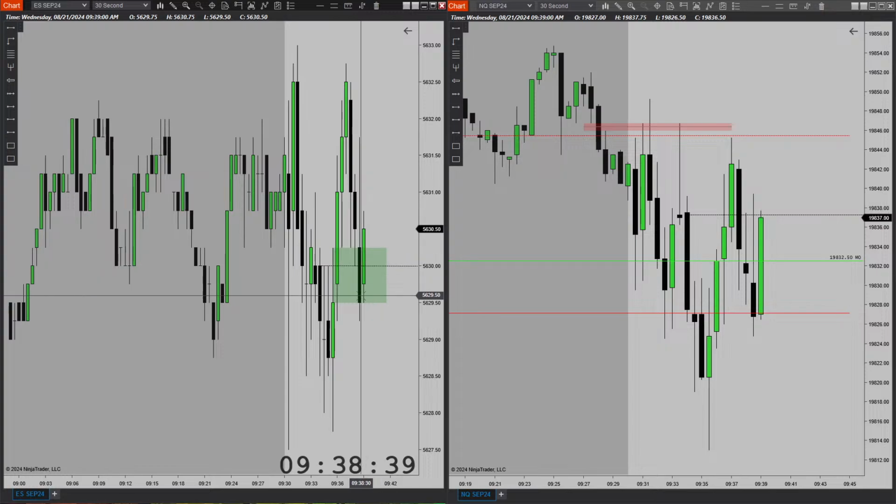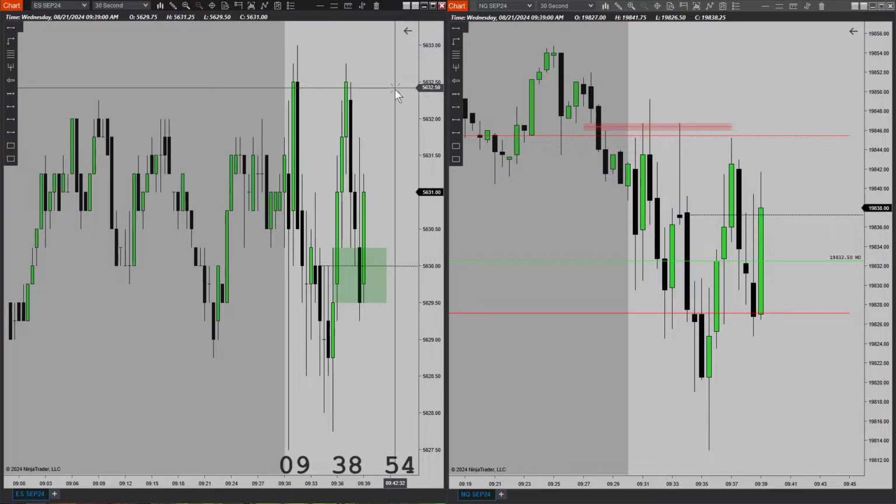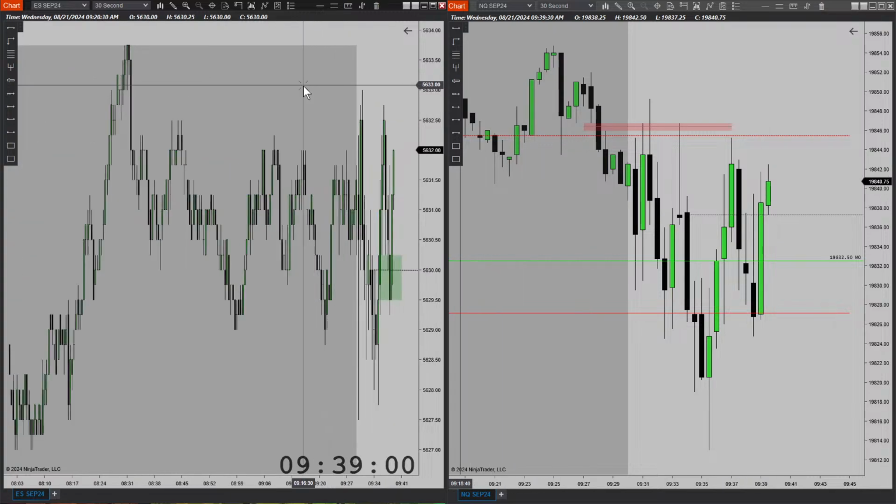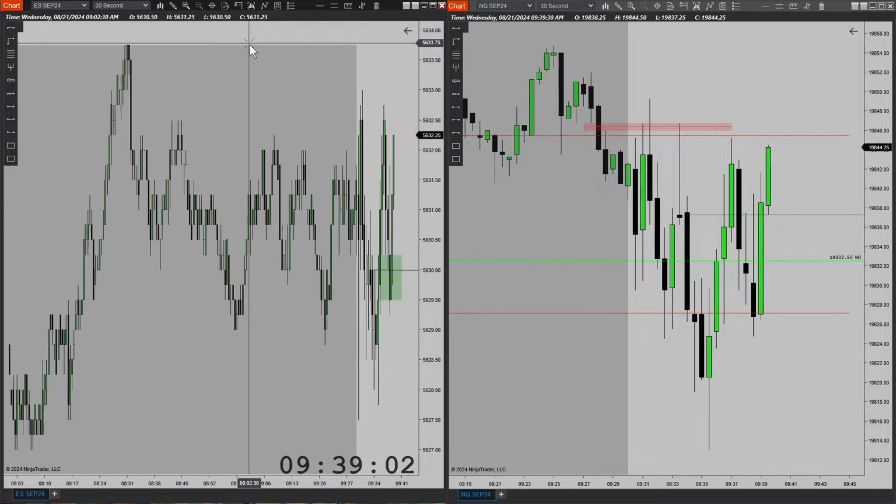All right. Okay, so these were respected. This right here is a liquidity void. All right, beautiful. I want to see price immediately slice through these highs.